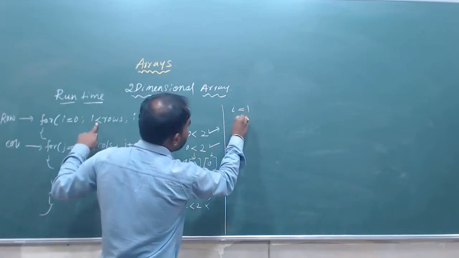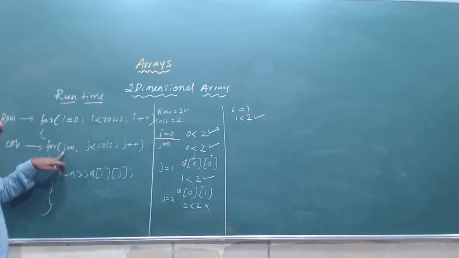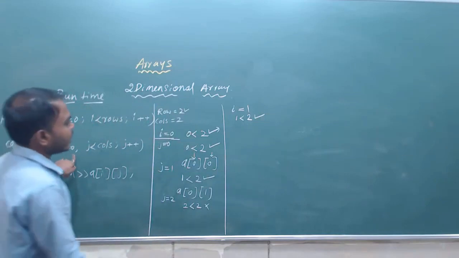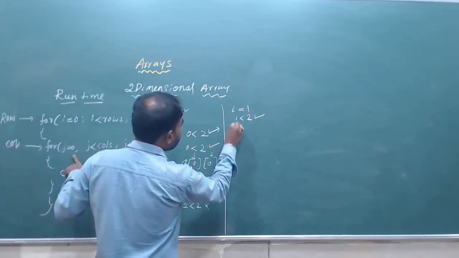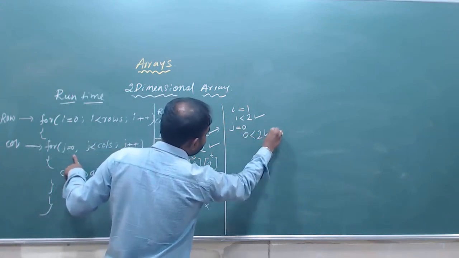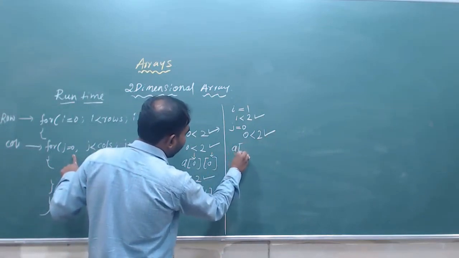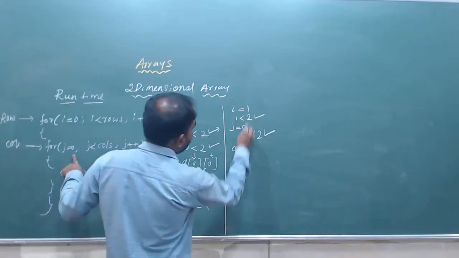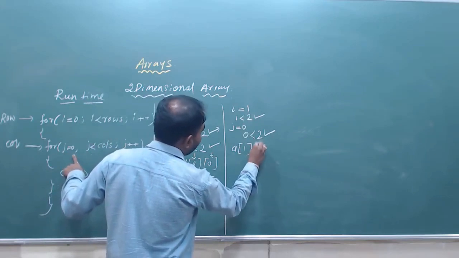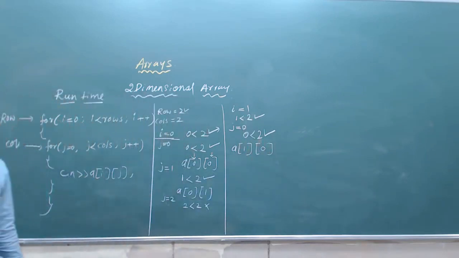Again 1 is less than 2, the condition is satisfied, and the loop enters inside. Next, j is equal to 0. Right? So 0 is less than 2. This condition is also satisfied. Then I can write a of 1, that is my i value, and j is the 0 value.